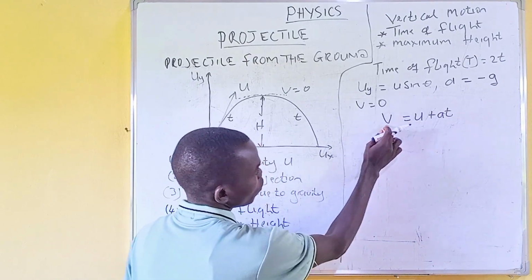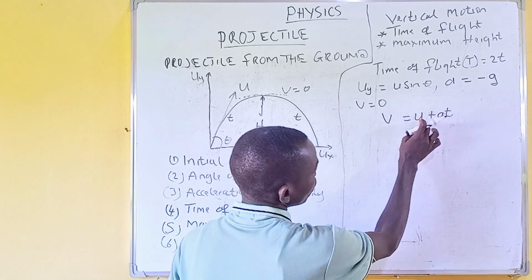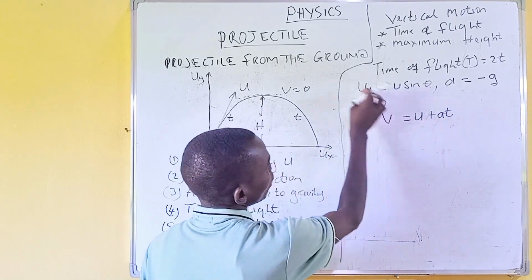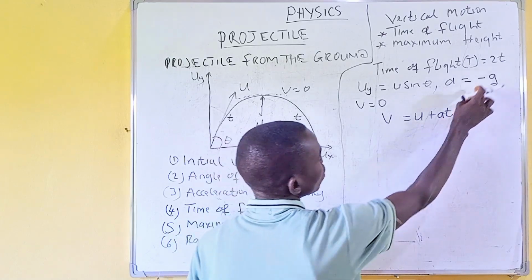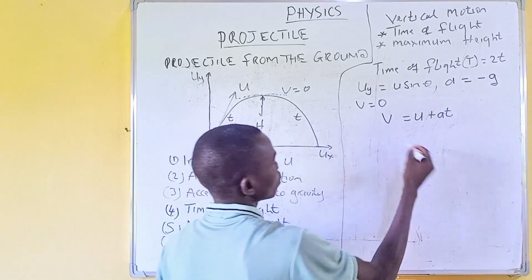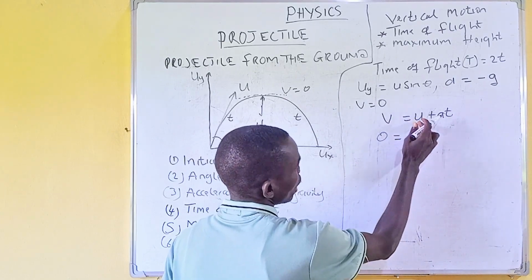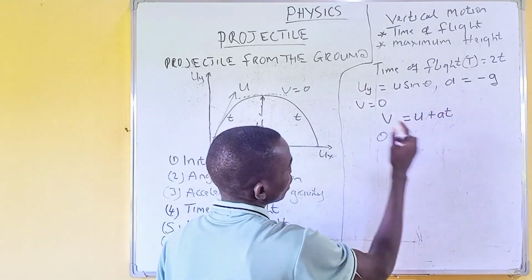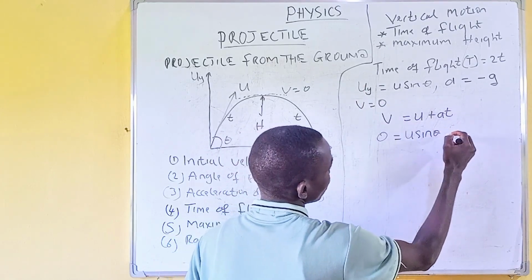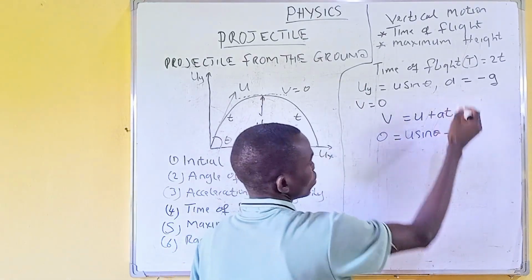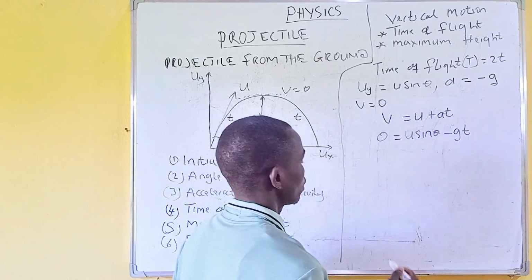From here, our final velocity is equal to 0, our initial velocity, which is the vertical component, is u sine theta, and acceleration is negative g. So 0 equals u sine theta minus g times the time to reach the maximum height.